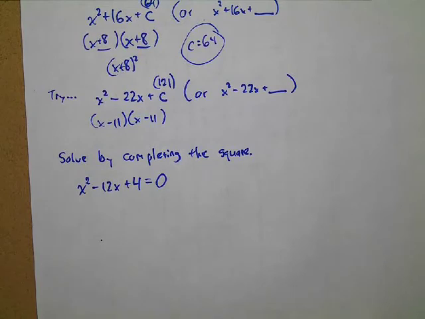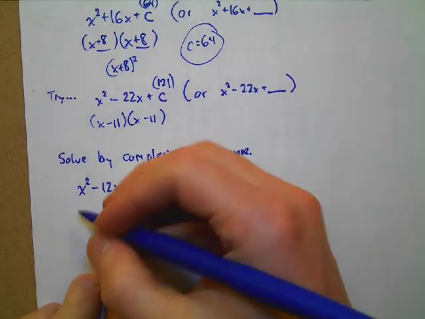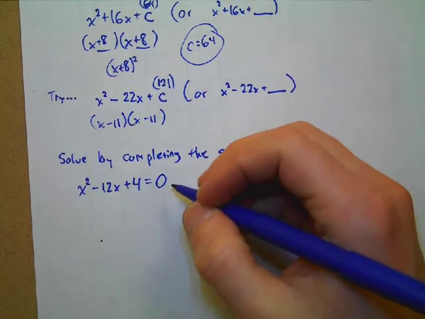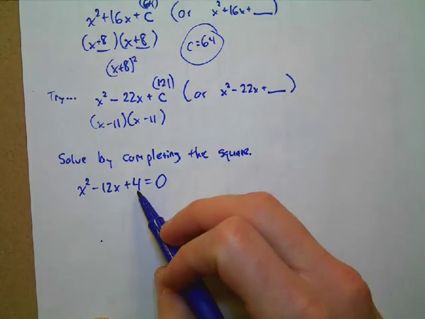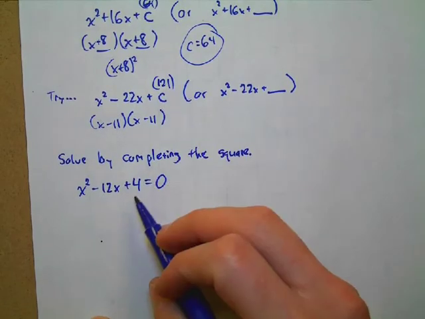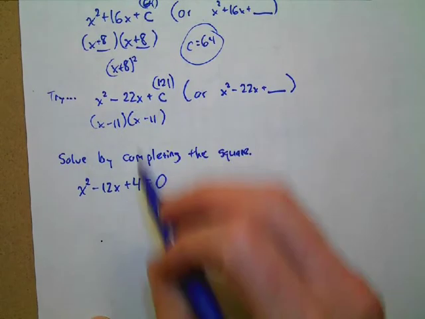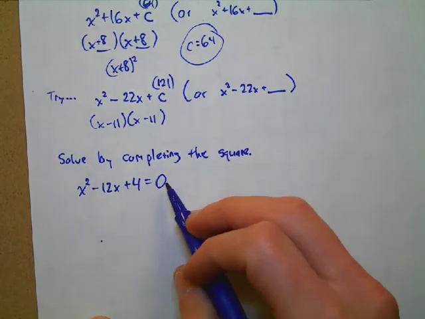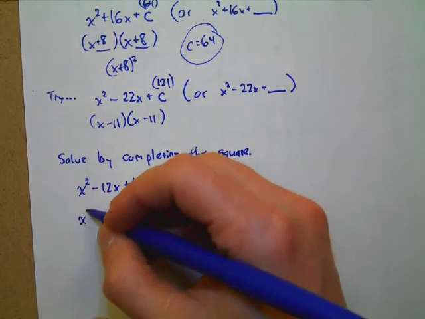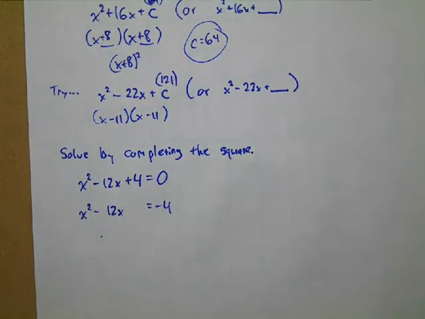Okay, so we're going to solve it by completing the square. We're going to take this thing, and again, we're going to pretend like it factors. But first, you'll notice here that we already have this c value. Before, we didn't have this c value. So to help ourselves set up more like the previous problems where we did not have a c value, we're going to move this 4 over. This is not a necessary step, but it is helpful.